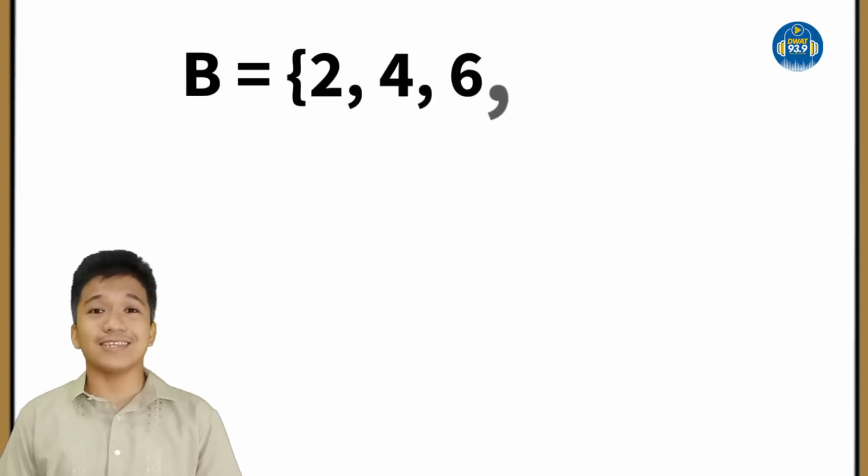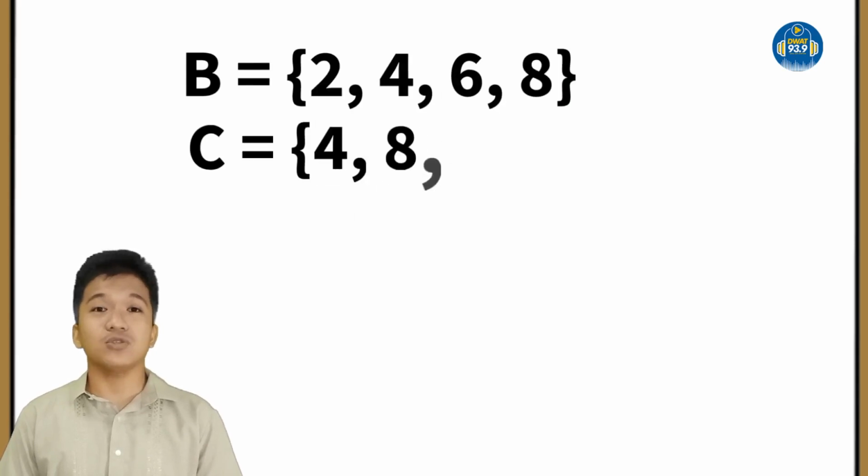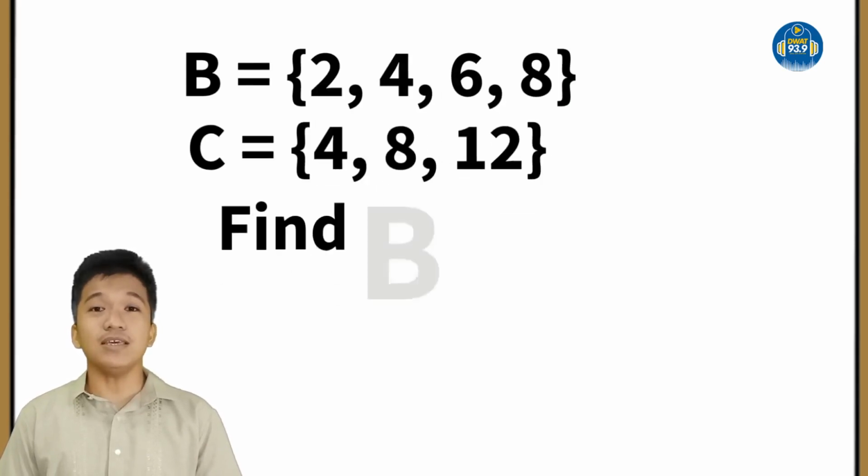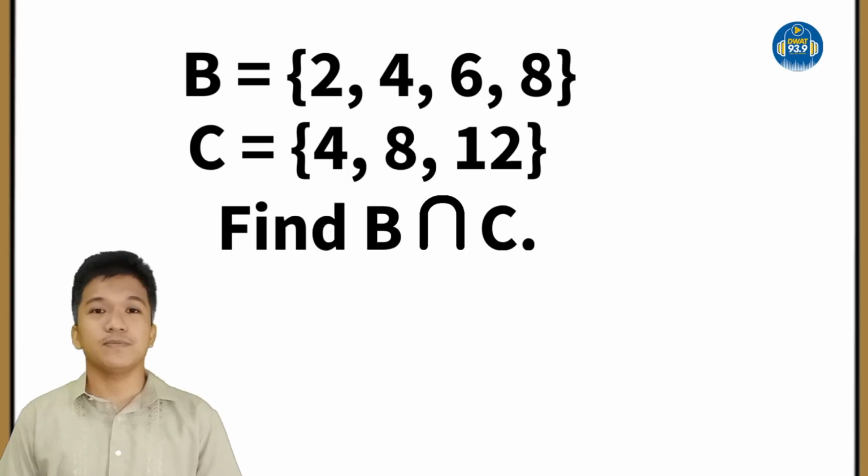What about this example? Set B with the elements 2, 4, 6, 8, and set C with the elements 4, 8, 12. Find B intersection C. If you notice, there are common elements from both sets which are 4 and 8.